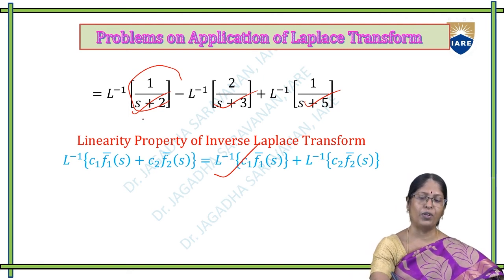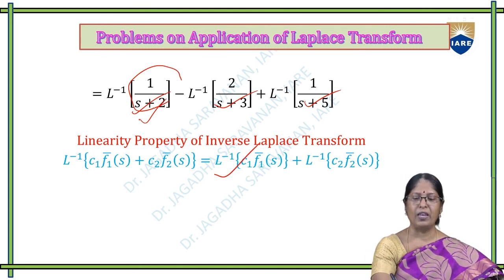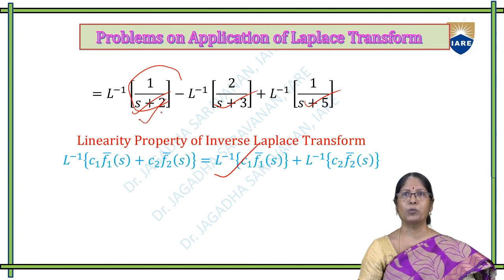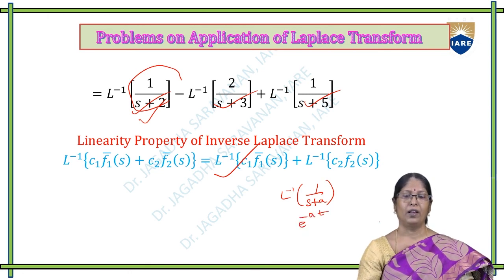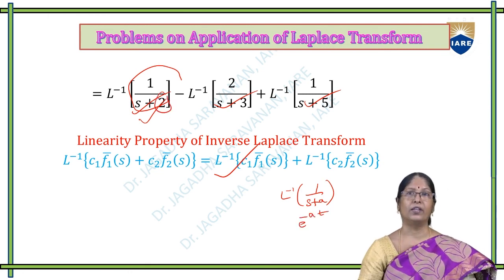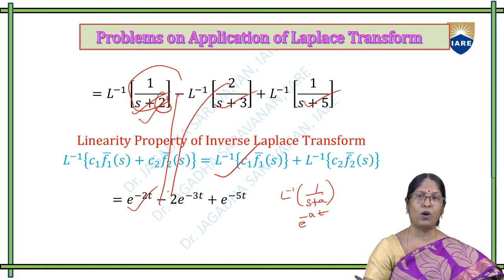But here, what we got in our given problem is a simple elementary function. So L inverse of 1 by s plus 2, that is L inverse of 1 by s plus a, it's nothing but e power minus at. In our a place, it is only 2. So e power minus 2t, this minus we kept, this 2 has come out.